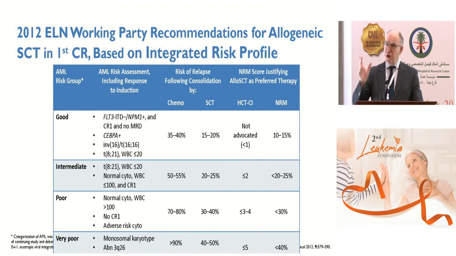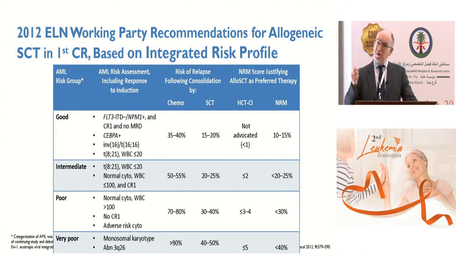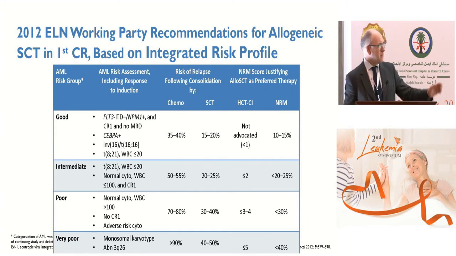So there's 30% benefit. So they go from a risk of relapse of 60% with chemo to 30% with transplant. A 30% benefit. Well, if you can do a transplant with a 15 or 20% risk to their life, probably nearer 15, they've got a clear survival benefit from going to transplant.